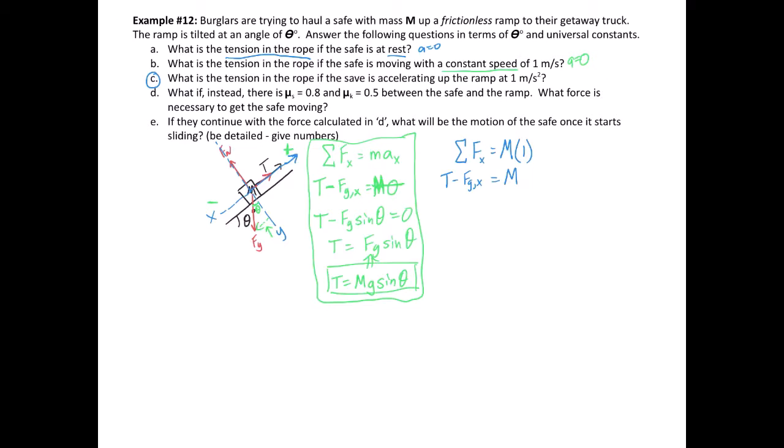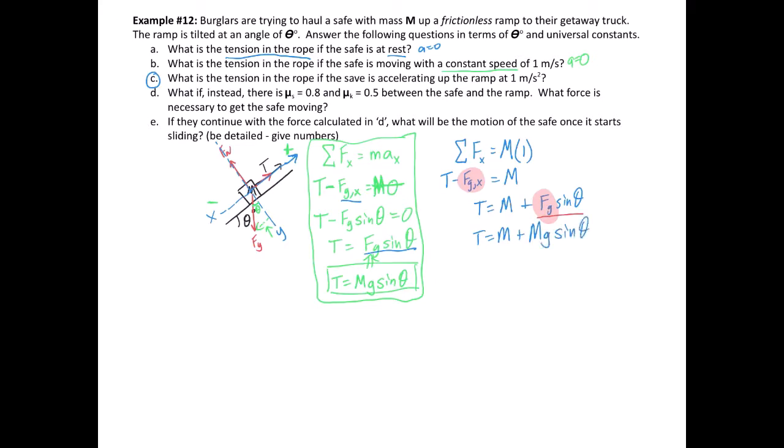I'm going to add that Fgx over to the other side, and so the tension will be equal to m plus, and then remember Fgx was that Fg sine theta. Now notice that when I rewrite it here, it's just Fg. It's no longer Fgx because I've written it in terms of the original gravity, which can of course be replaced by the mass times the gravity.